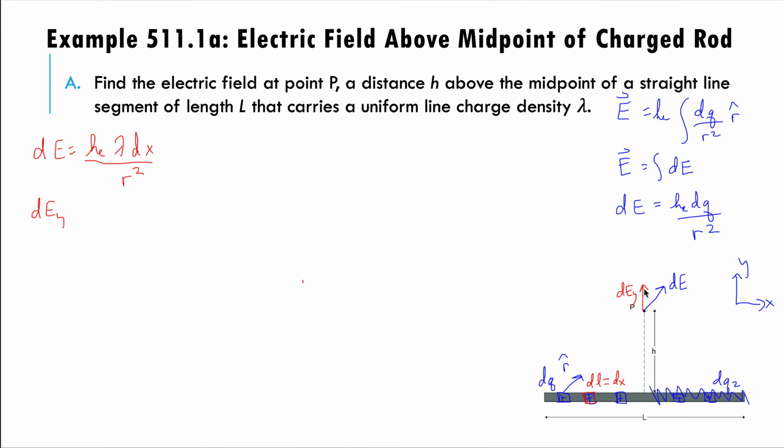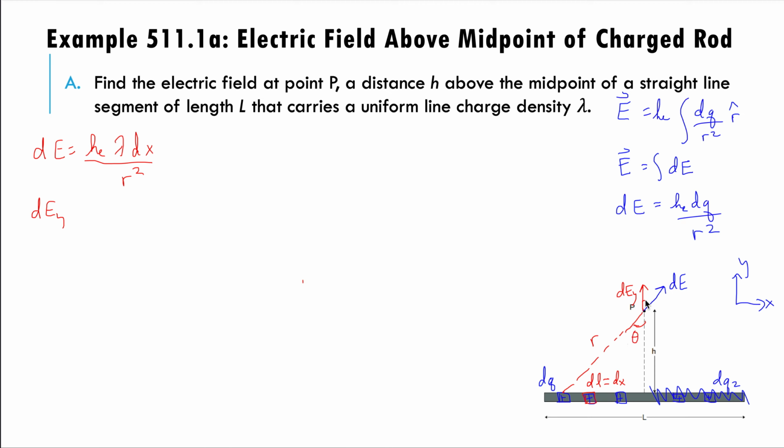What we need to do is introduce an angle. So let's consider the distance here between the dq and the point P. Let's call that distance r, and let's define an angle theta up here.